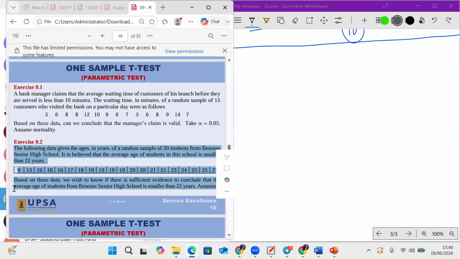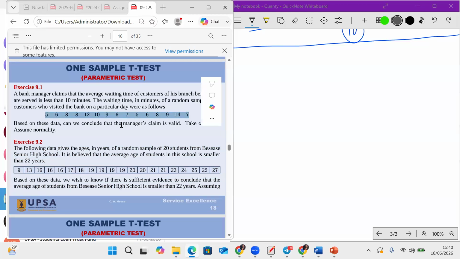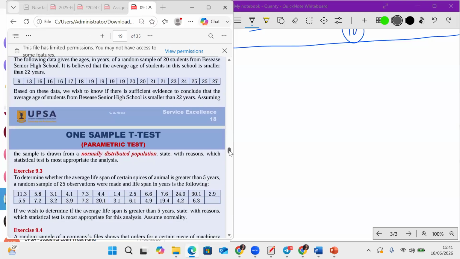So you should be able to solve the same thing. Are you good? Yes, sir. You should also be able to solve example 9.1. They looked at the figure, changed the figures and used 15. You'll be able to solve this, but I'm going to use the same approach. Are you good? Yes, sir.